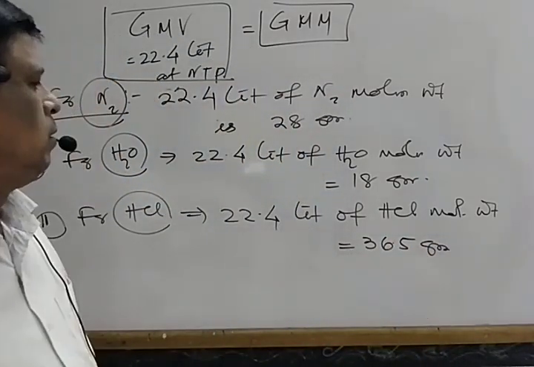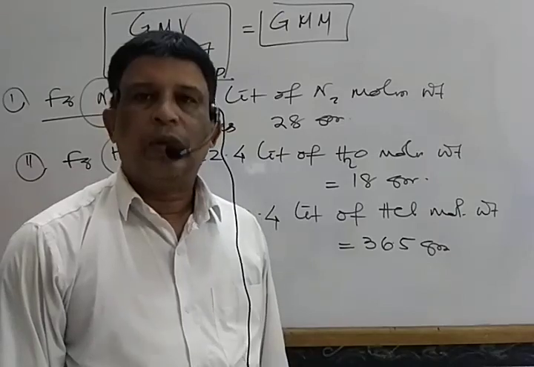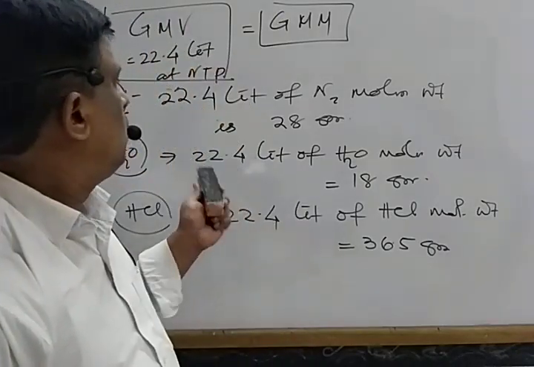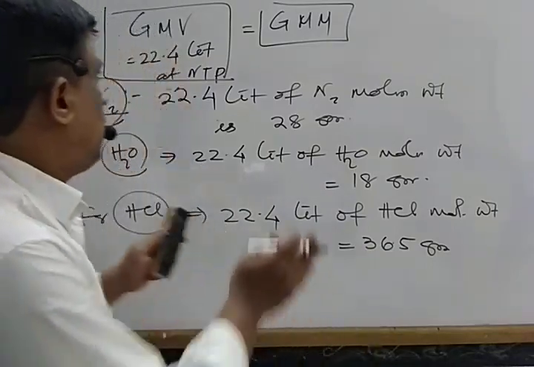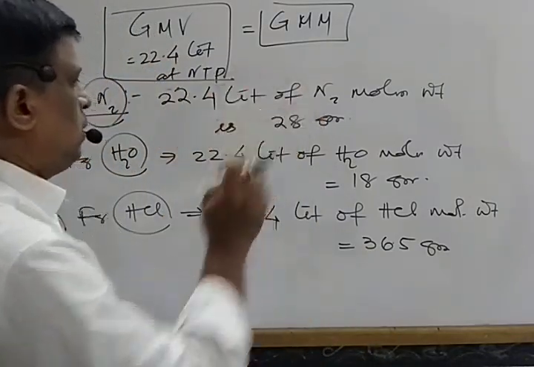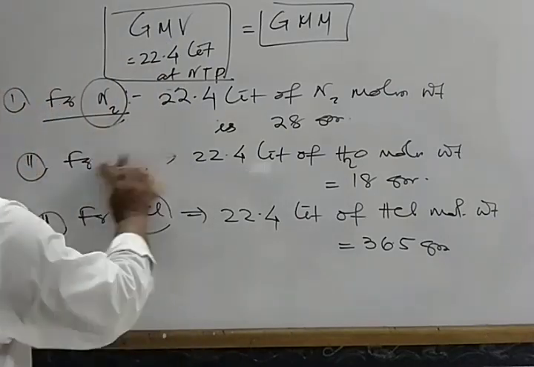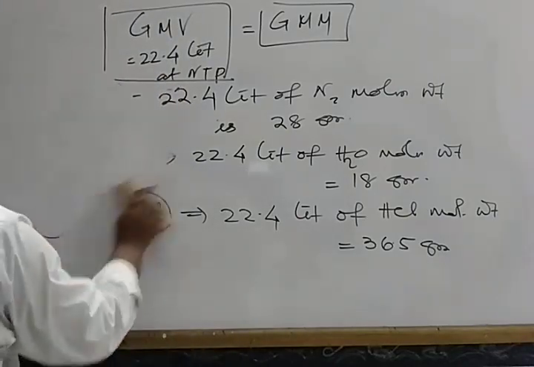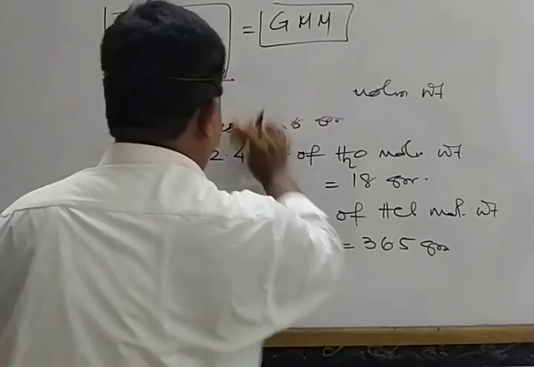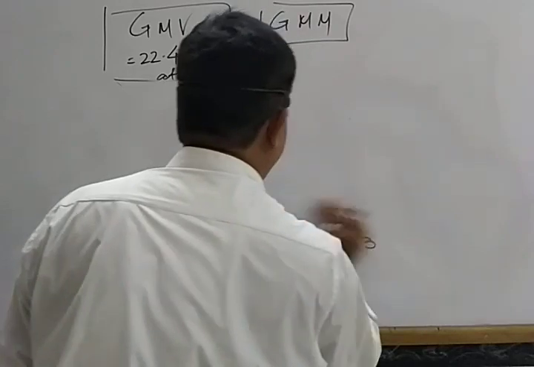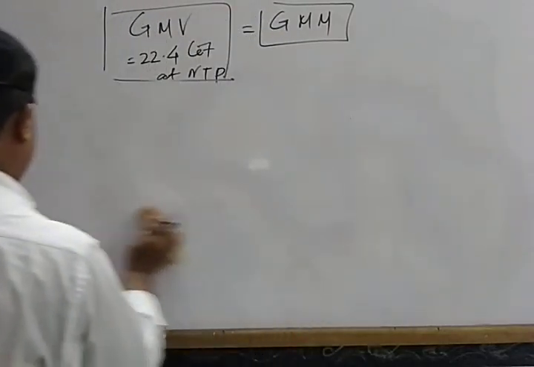Mark that. Then we frame the question. Previously, what did we calculate? First we calculated the weight. Now calculate the volume. So the question is, calculate the volume possessed by, question 1.